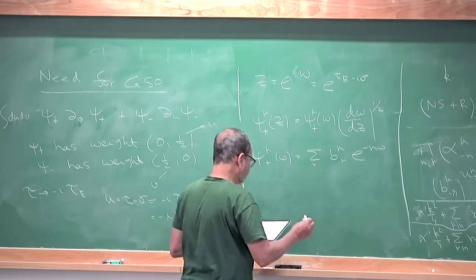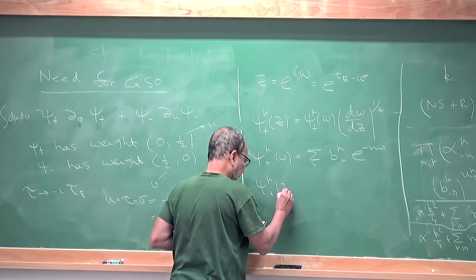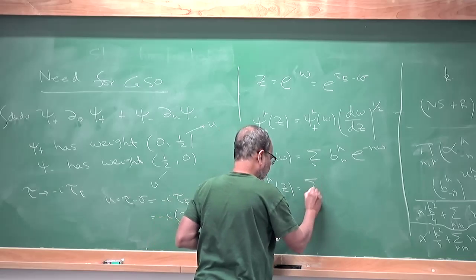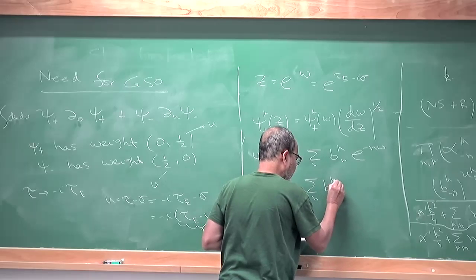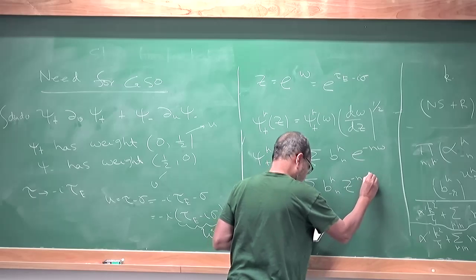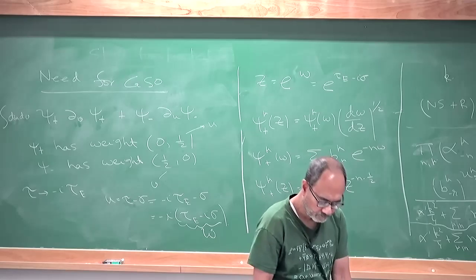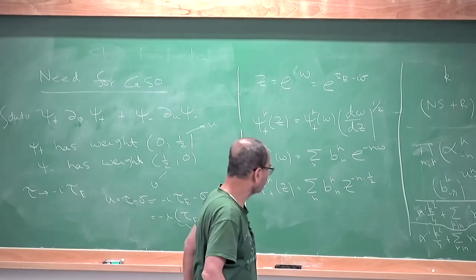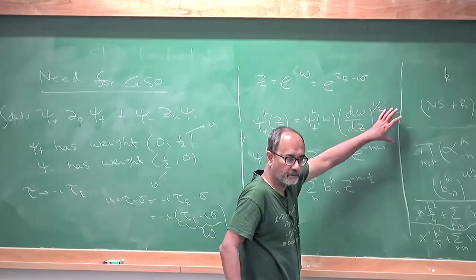So in the z coordinate, this has an expansion of the form sum over n. The minus half that you see here comes from this dw dz to the power half.